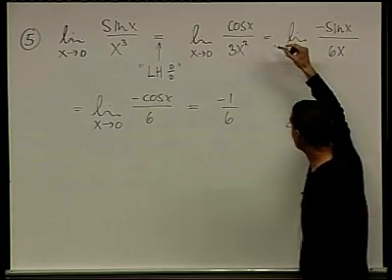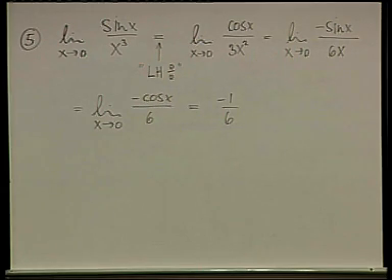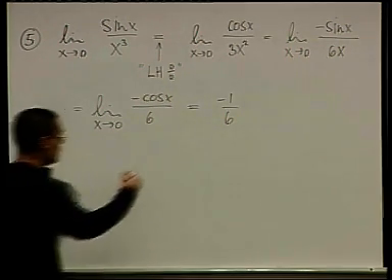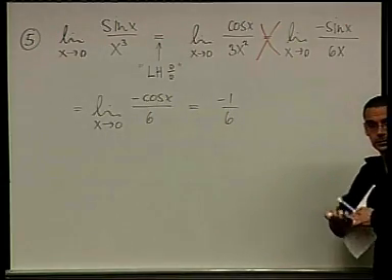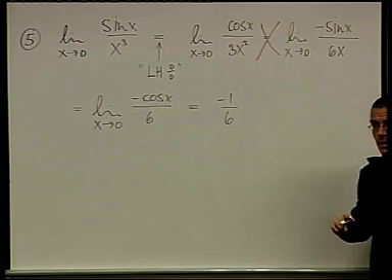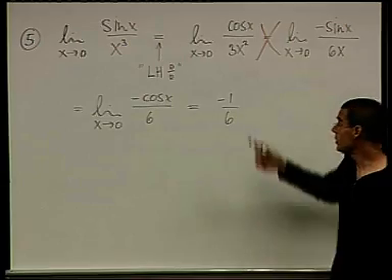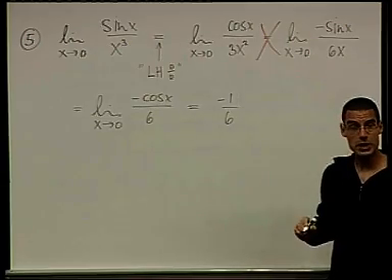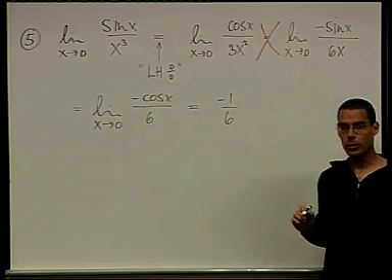This point is a lie. This is an ugly, ugly, mean, heartless lie. This is false. I got some of you, right? Cosine x does not go to 0. This is not a 0 over 0 situation. You cannot use L'Hopital here. The conditions of the theorem do not hold.